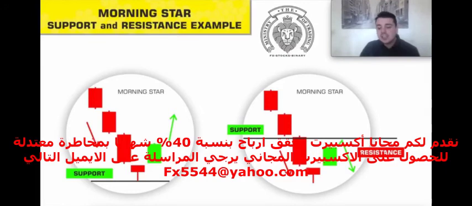But in this one here, in fact, it's going to be the opposite, because you're going to see that the price managed to break through the support, and then after breaking the support, the new star was created, and then you're going to see in here that the bulls are pushing up. But now here's the thing, we just broke the support, and the support becomes a resistance. Now, if this candle here reaches the resistance level, it might push the price down.